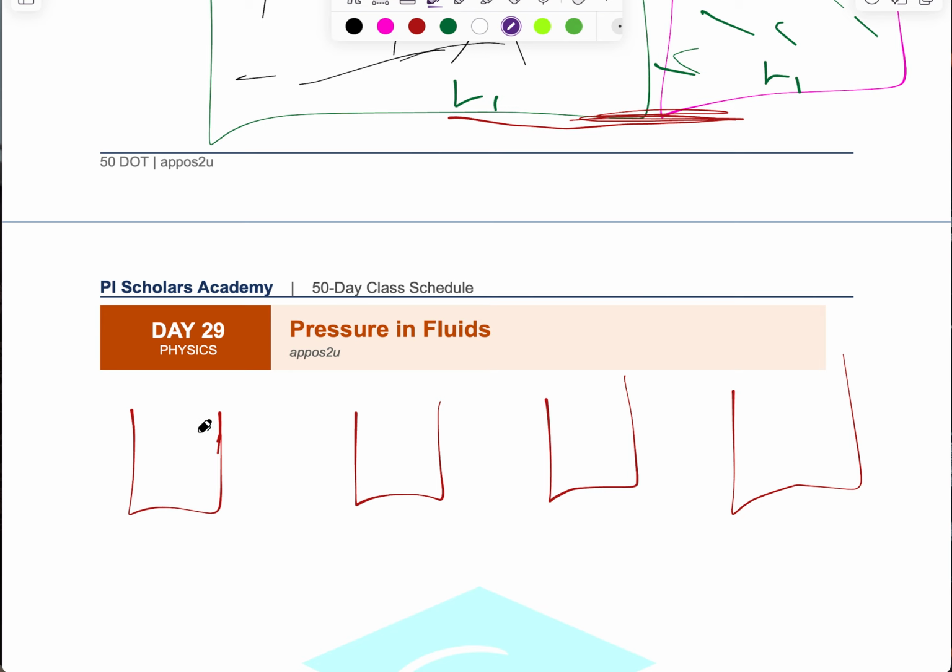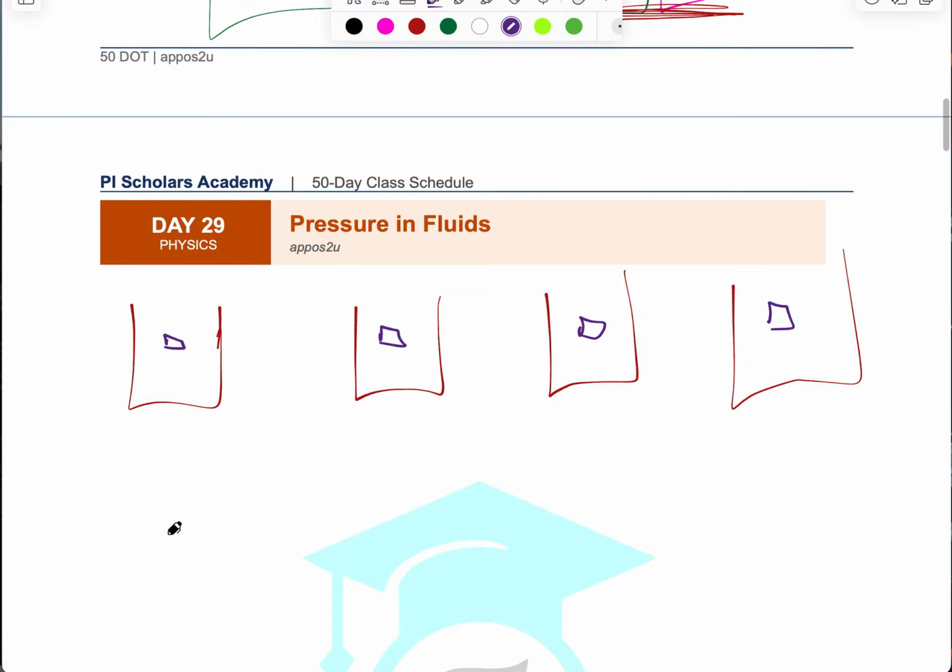When you have objects at different depths in this liquid, an object here, here, here, and here, even if it is the same container and the same level of fluid, because these fluids have varying density, density 1, density 2, density 3, and density 4, the pressure is going to vary with density.